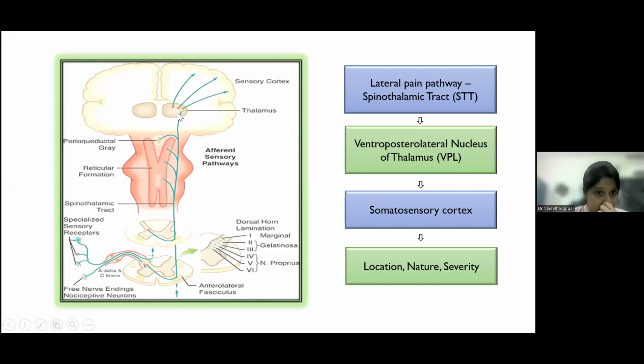It then goes to the sensory cortex, where it is perceived. On the way, it gives some information to the reticular formation, the periaqueductal gray in the midbrain, etc. It ends in the ventral posterolateral VPL nucleus of the thalamus and from there to the cortex. And this particular pathway is responsible for perceiving the location of pain, nature of pain, and the severity of pain.